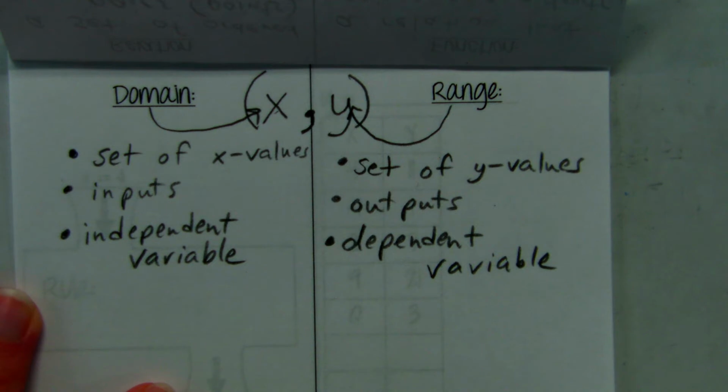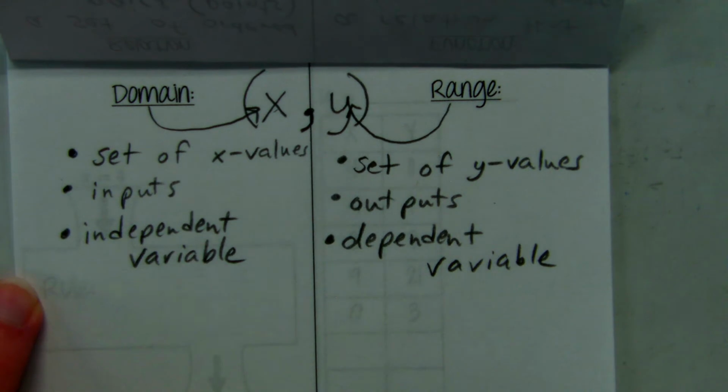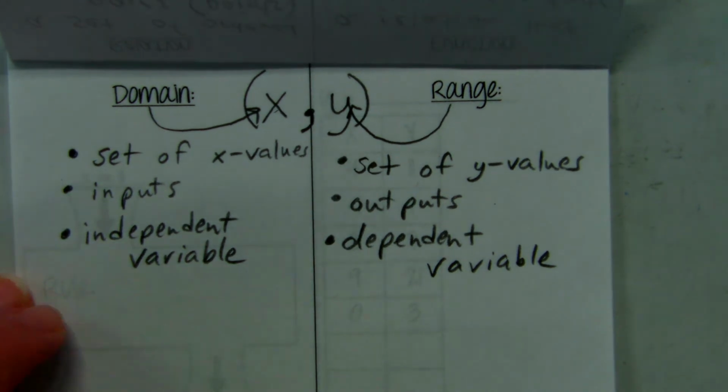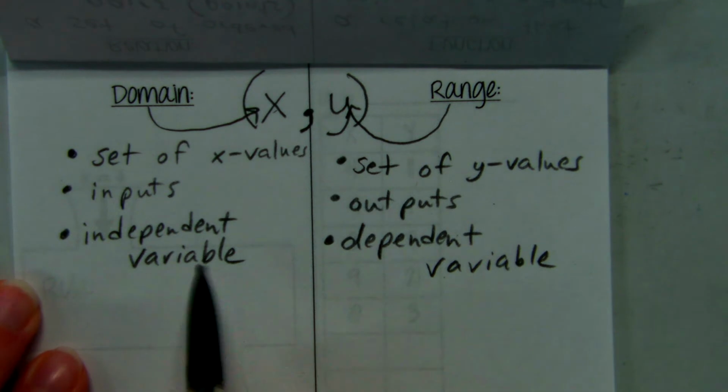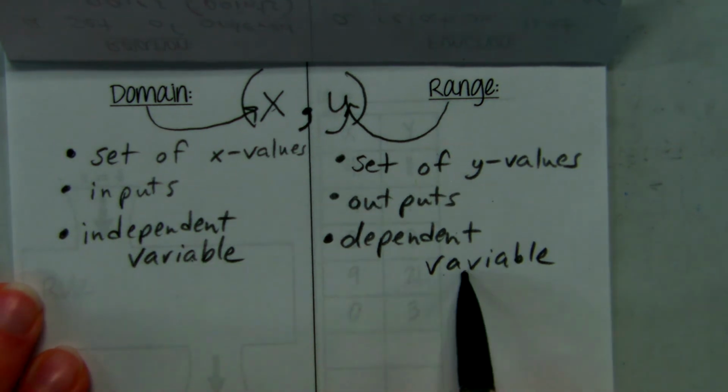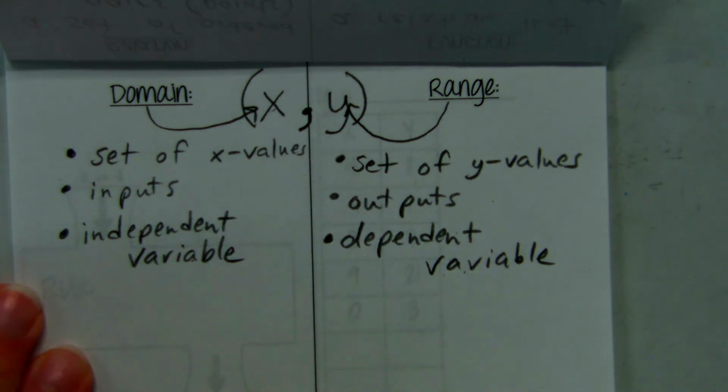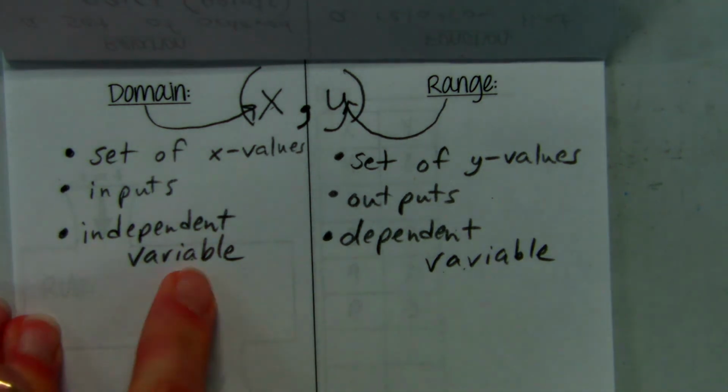Okay. So if we had a set of points, all the x's go in the domain, all of the y values go into the range, and that's it.